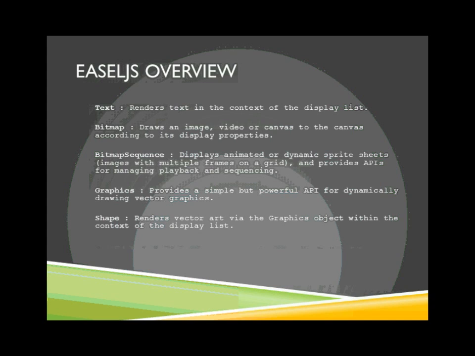I can sequence, and this is one that's very powerful, where I can display animated or dynamic sprite sheets by using multiple frames on a grid. I can do playback and sequencing, and these are all things that are already available for you in the Easeljs library. Graphics, a very powerful API for dynamically drawn vector graphics, and shapes, so you can render different vector art using the graphics object in Easeljs.